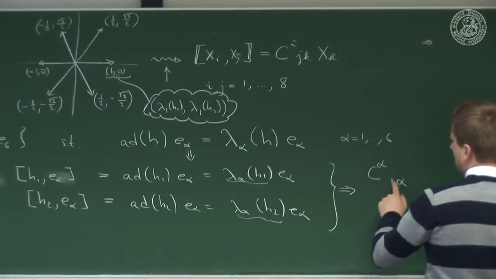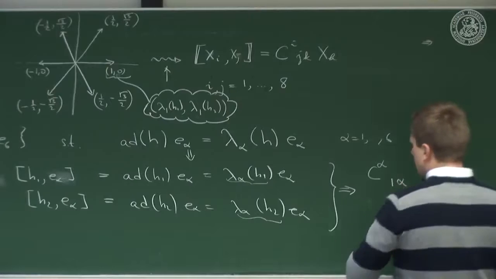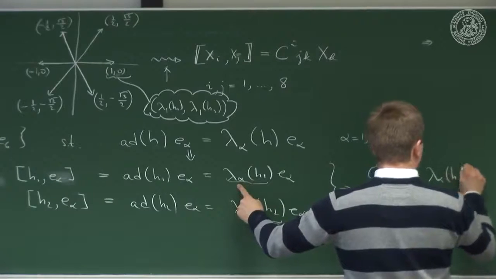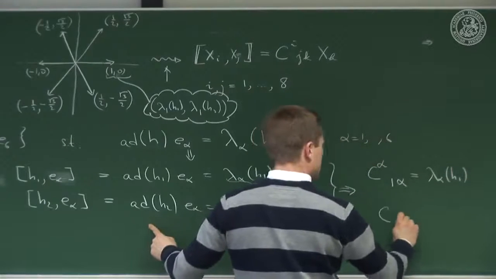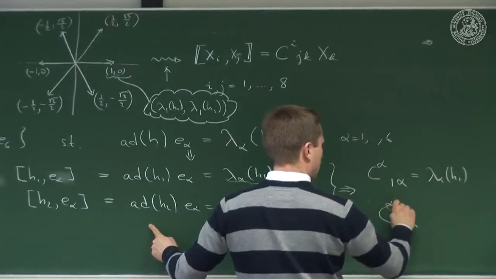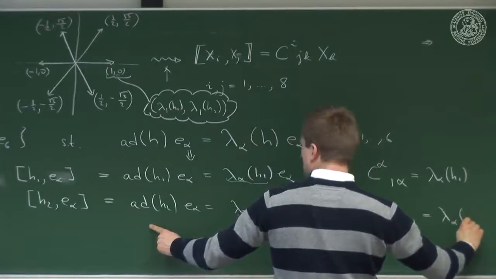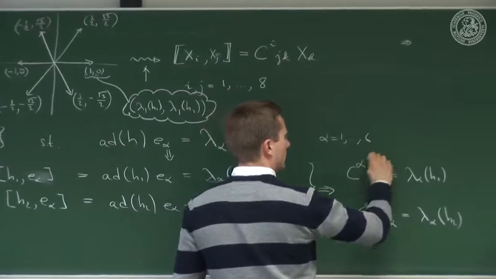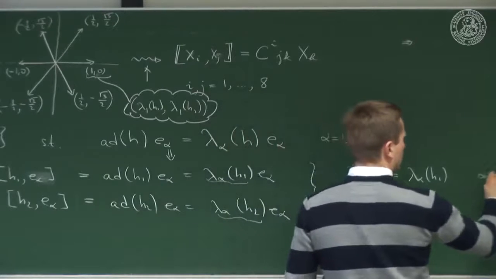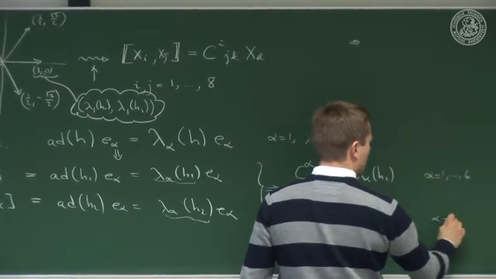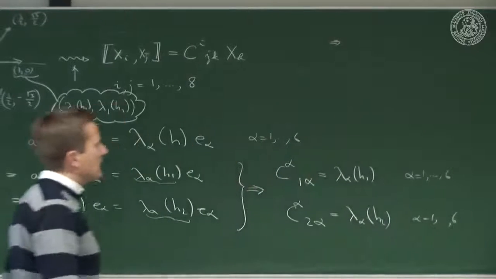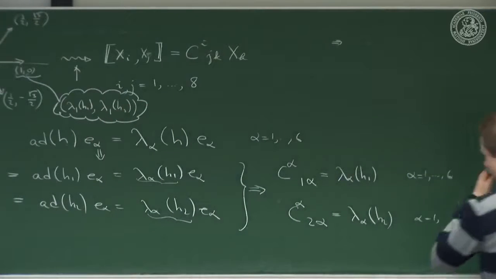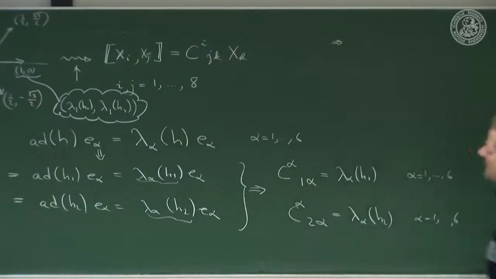So we have c_1alpha^alpha is lambda alpha of h1, and down here we have c_2alpha^alpha is lambda alpha of h2, and here there's no sum. So this is really alpha alpha, so alpha runs from 1 to 6. So we get 12 structure coefficients.